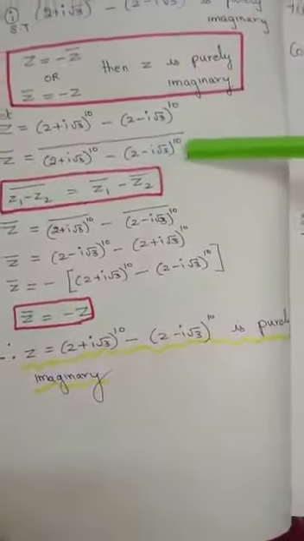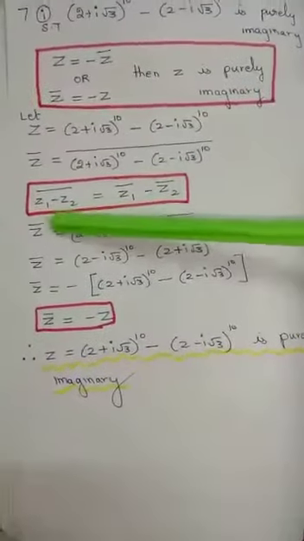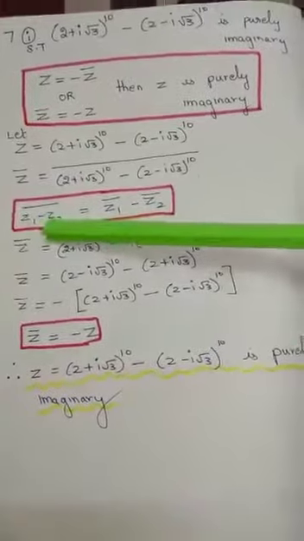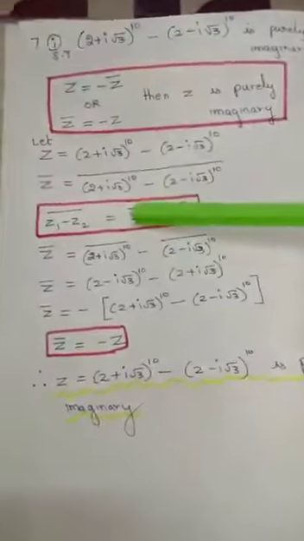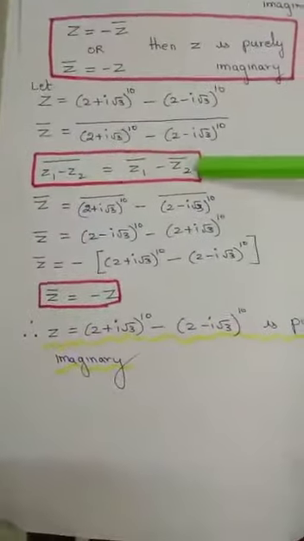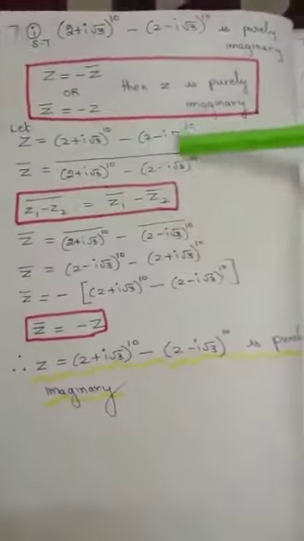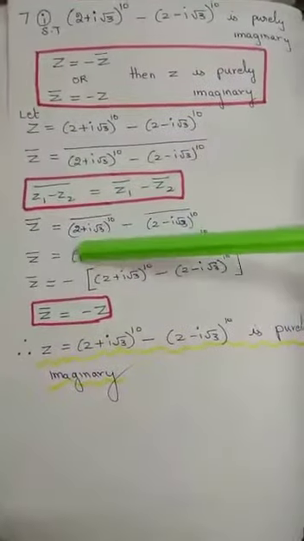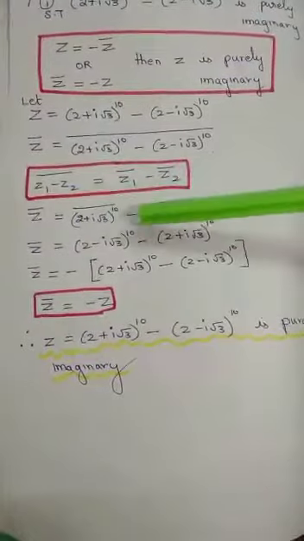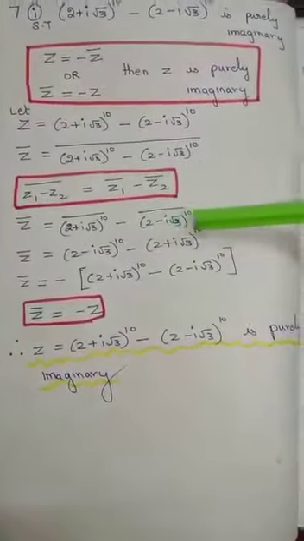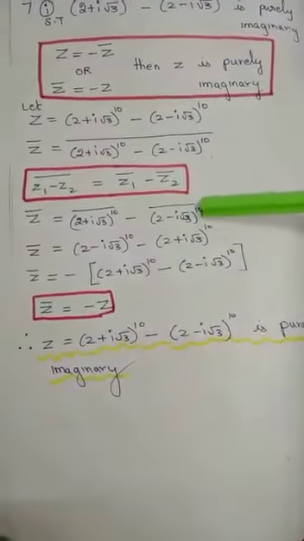Now, in order to simplify this, I am using a property. What is the property? (z1 − z2) whole conjugate is equal to z1 conjugate minus z2 conjugate. So this conjugate I can split into two portions: ((2 + i√3)^10) conjugate minus ((2 − i√3)^10) conjugate.